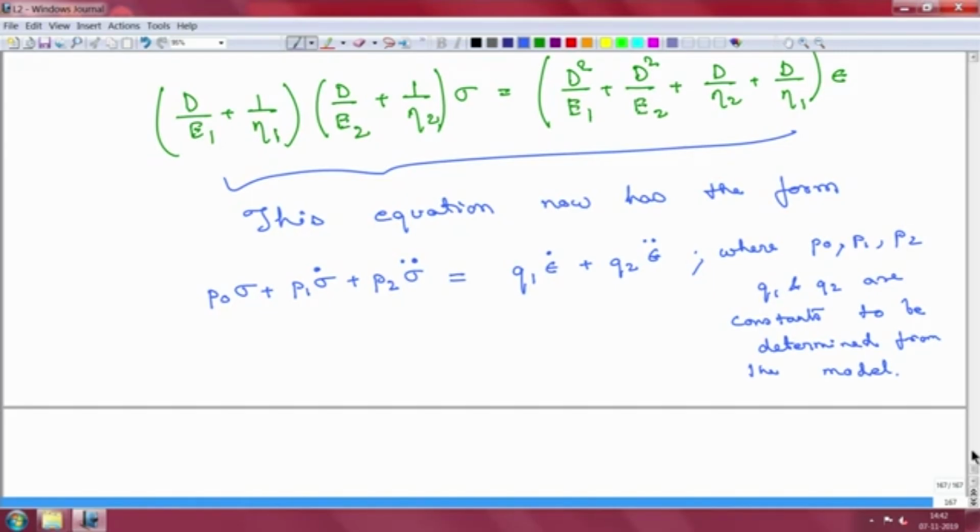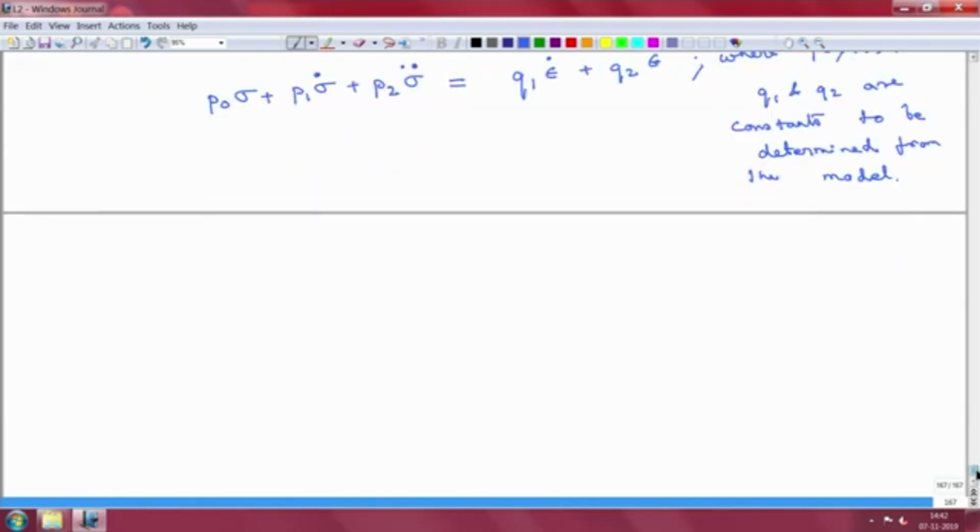Okay. So, let us consider next the generalization to n Maxwell models in parallel.